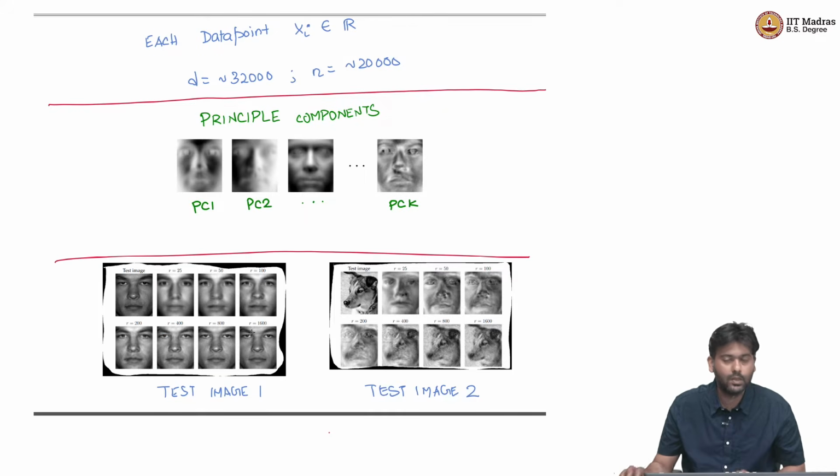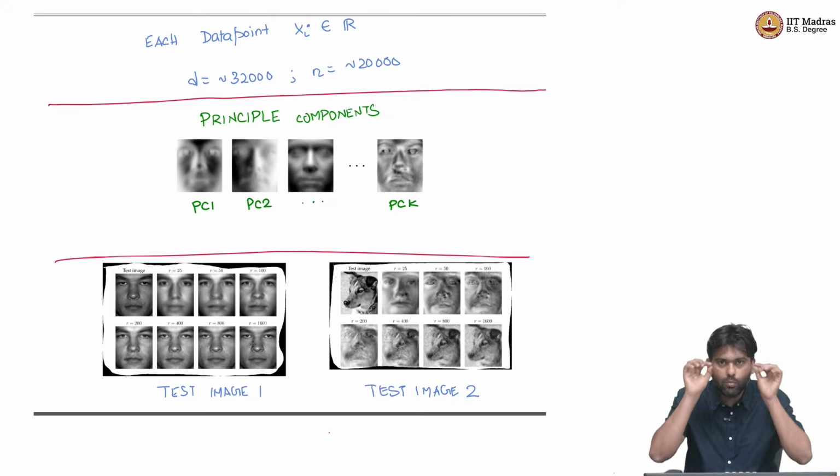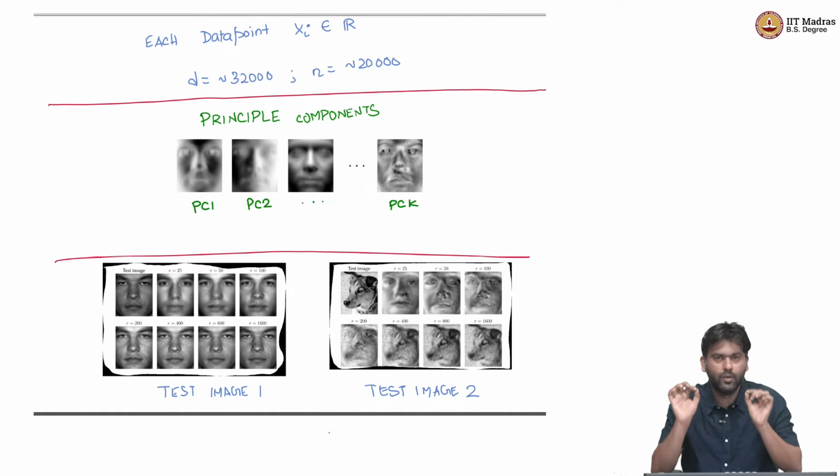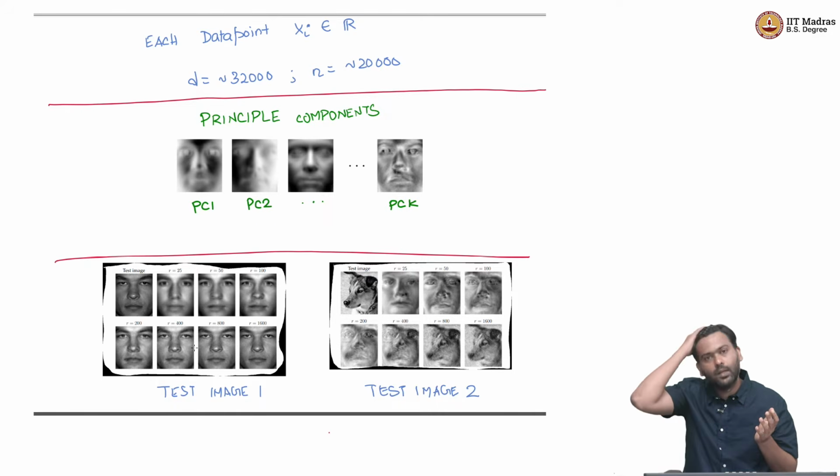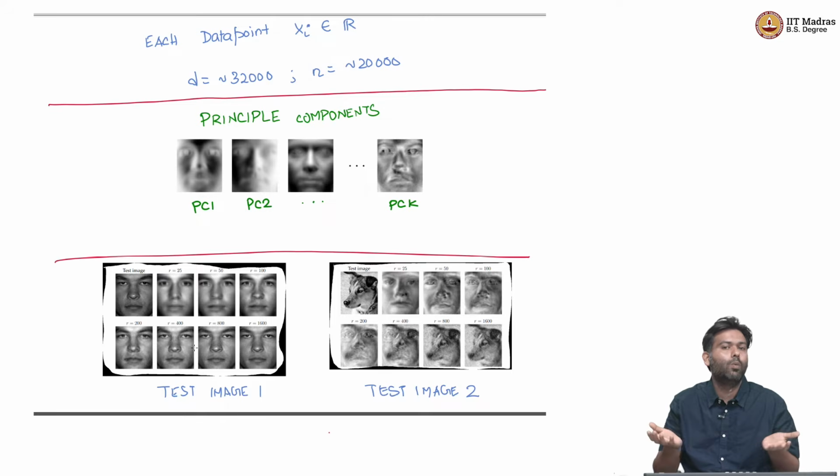If you go to 1600, you are adding more and more finer details, maybe more details about how the face is, how the eyes and noses are, which is perhaps not necessary to say if this is the same person or not. Only 300 numbers are sufficient. So the original image had 32,000 pixels, but now we're saying that just 300 numbers, you can perhaps recognize each of these persons pretty well.